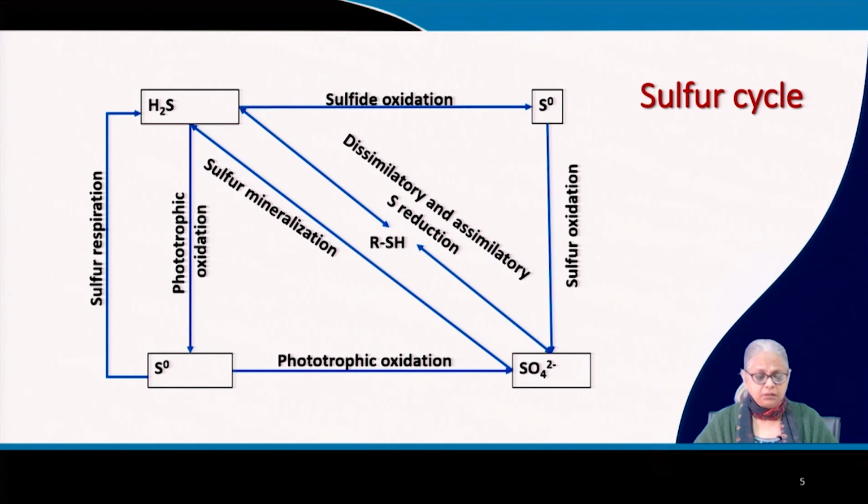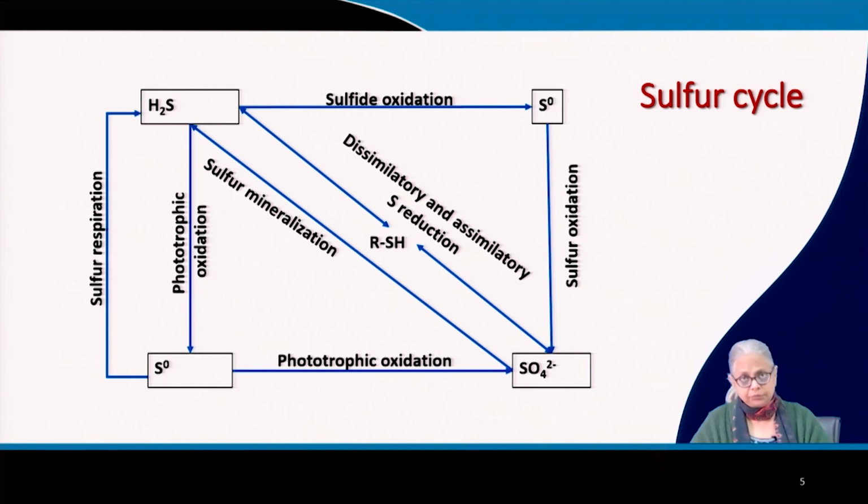So in a nutshell, this is how sulfur is recycled through nature by nature. H2S, elemental sulfur, sulfate, back to elemental sulfur, and then back to hydrogen sulfide. So you have sulfur oxidation reactions, you have sulfur reduction, you have dissimilatory as well as assimilatory sulfur reactions, you have organic sulfur, you have phototrophic oxidation of elemental sulfur, and you have sulfur respiration.